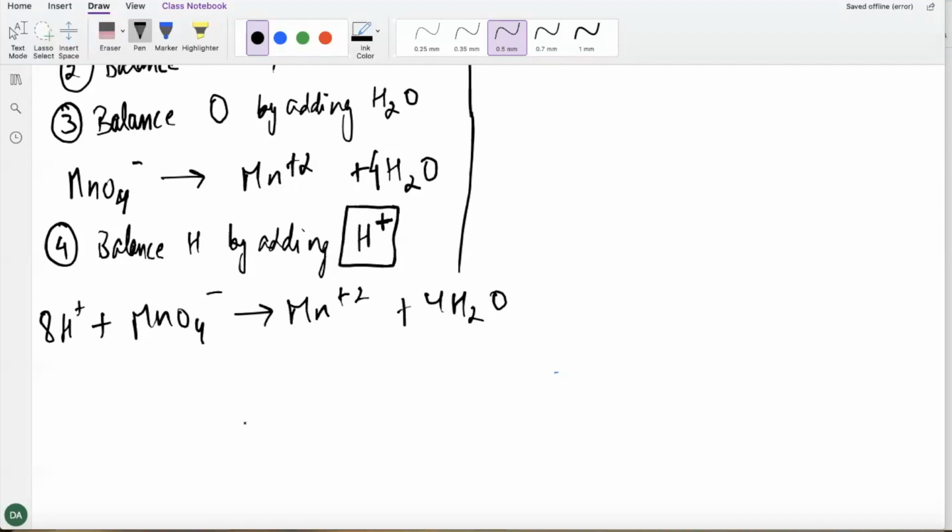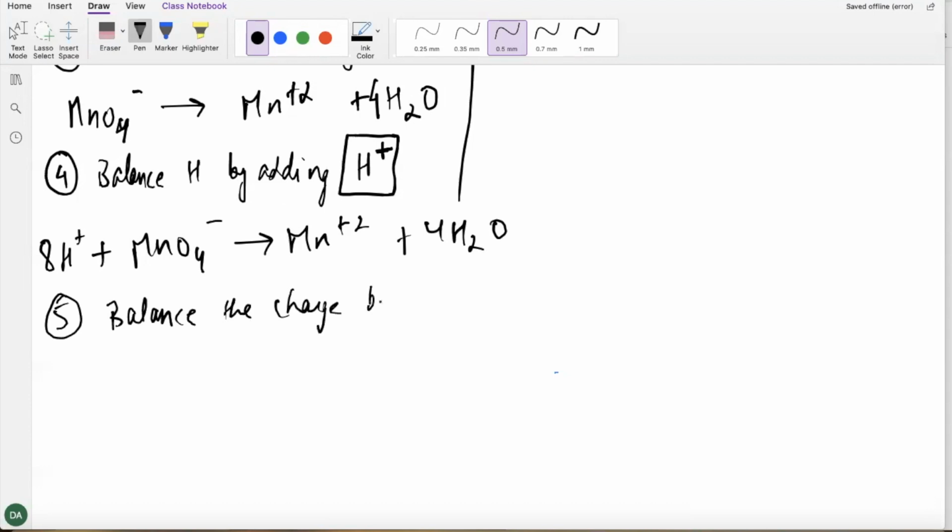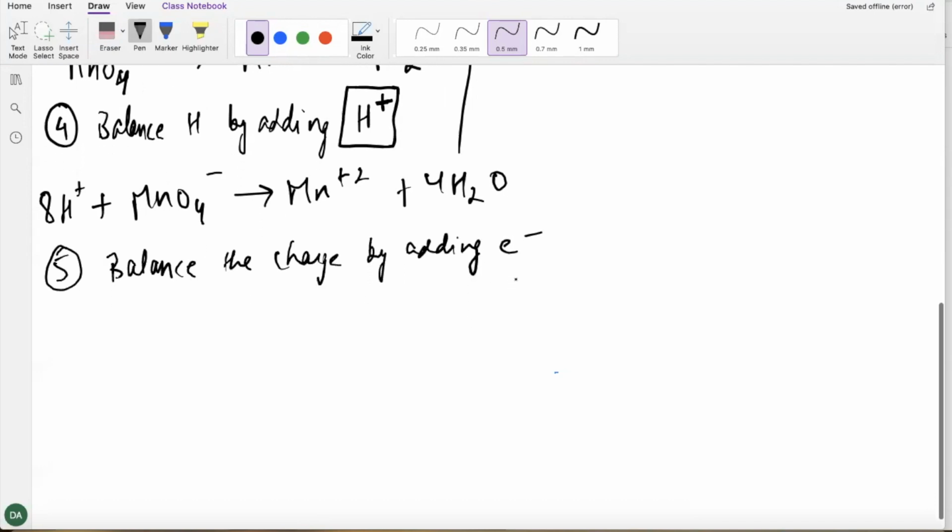All right, guys, are we good so far? Okay. Now, what's our next step? Our next step is to balance the charge by adding electrons. Let's look at this one.